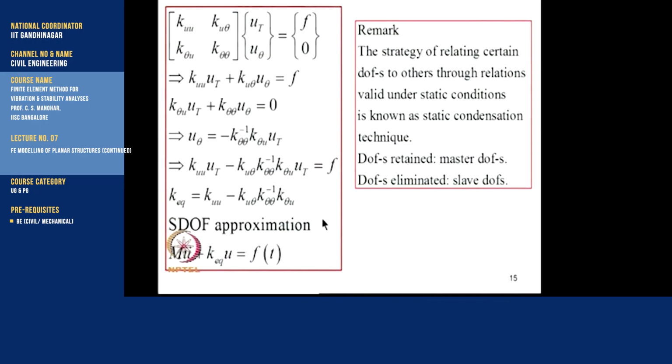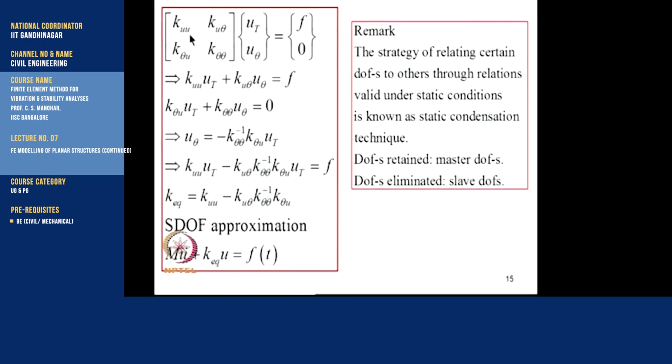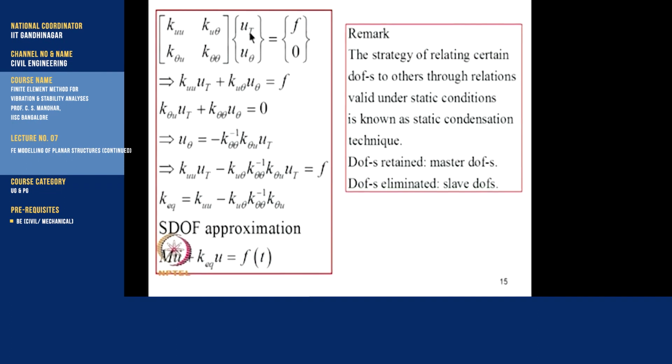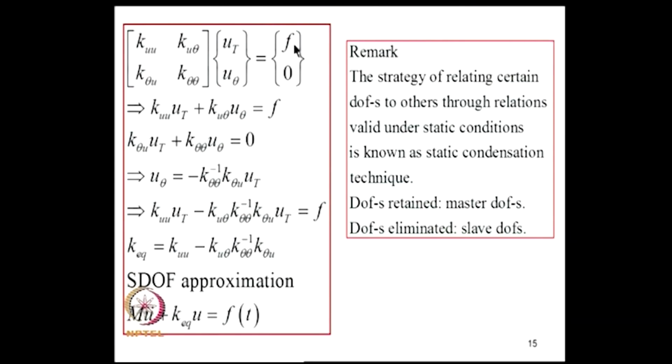We can write it in general form as K_uu, K_utheta, K_thetau, K_thetatheta, with u_t for translation and u_theta for rotation, equal to F and 0. Now, the first of these equations will be K_uu u_t plus K_utheta u_theta equal to F. The second of these equations will be K_thetau u_t plus K_thetatheta u_theta equal to 0.